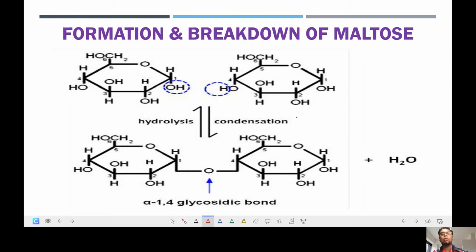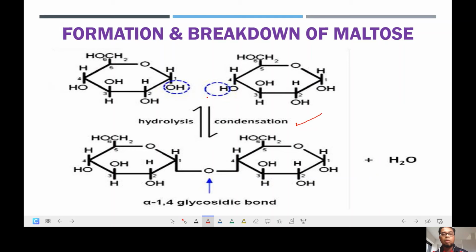We need to know the formation of maltose, in which maltose is formed due to the joining of two alpha glucose molecules. In this diagram, we can see these two alpha glucose molecules side by side, and in order to join them together, the process of condensation needs to occur, in which one molecule of water needs to be removed.